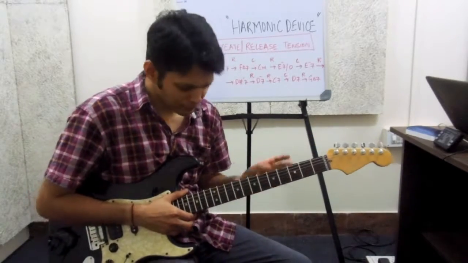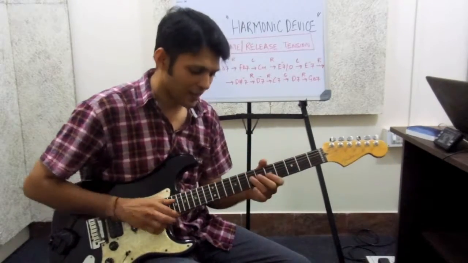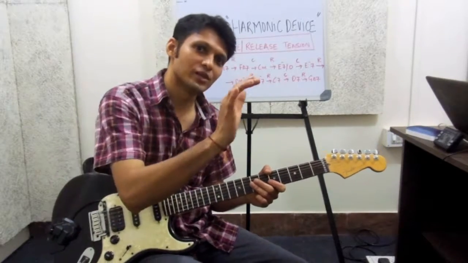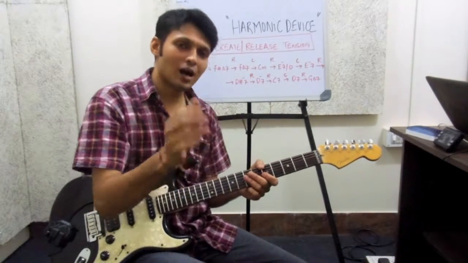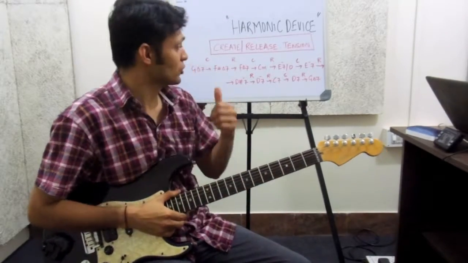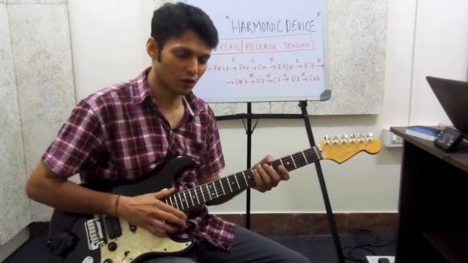Now what I'll do is, I'll play this whole motif again, the whole chord melody again, and I'll use the letter C for a chord change which builds up the tension, and I'll use the letter R for a chord change that releases the tension, and then you can get that in context. Of course, I've written that out for you here so that it's easier for you to pause and follow.